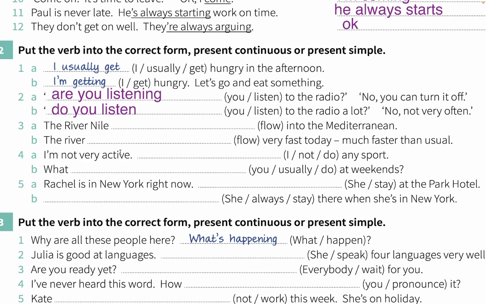Are you listening? It's not do you listening or do you listen. It's are you listening? Okay. If you don't get it, we can always look back at it.